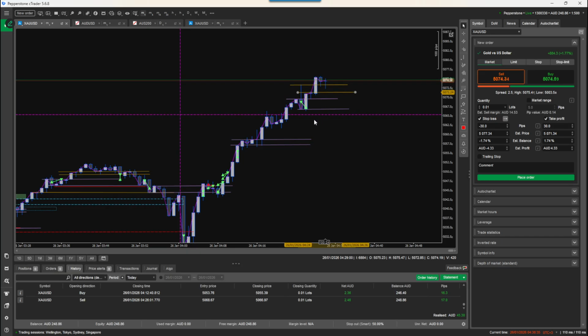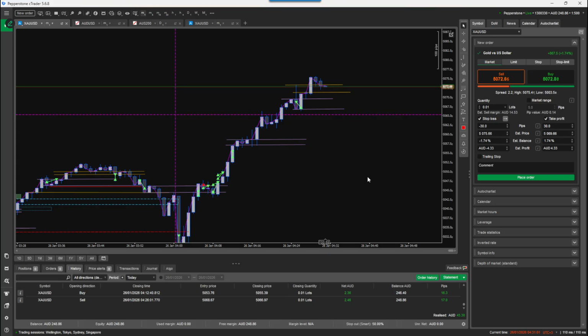But this one here went up, broke in, and you've got a wick on the top. Where you've gone push, little candle, now little candle, and it's coming back. This one is stereotypical, coming back looking for a liquidity grab, or it needs to drink.